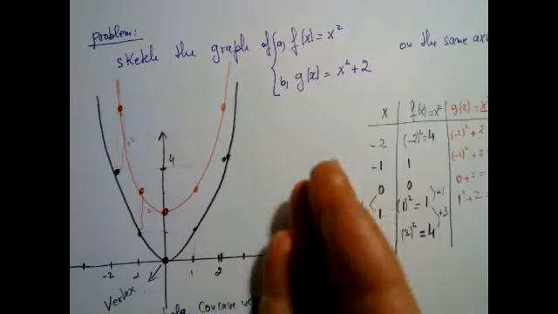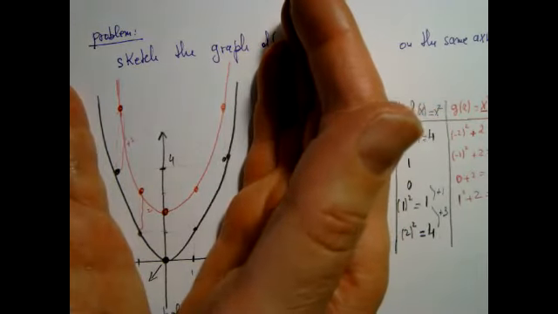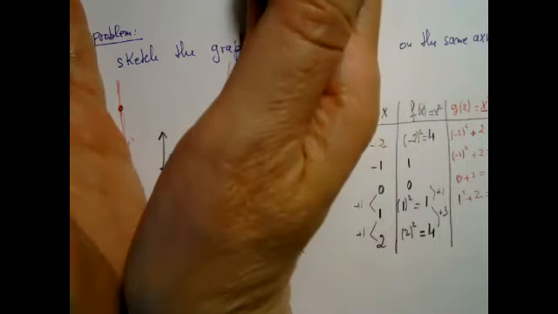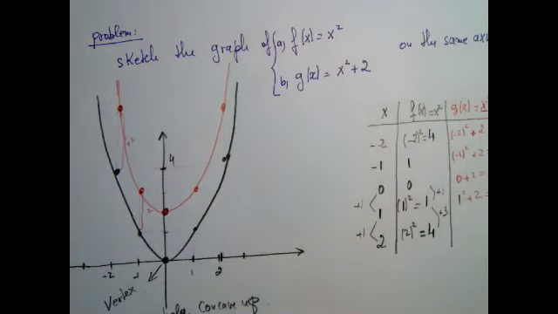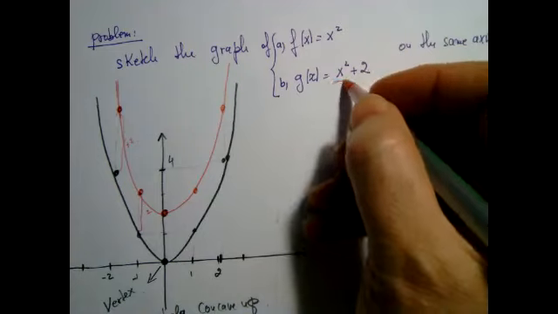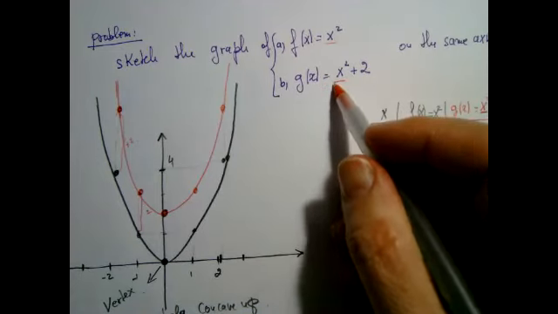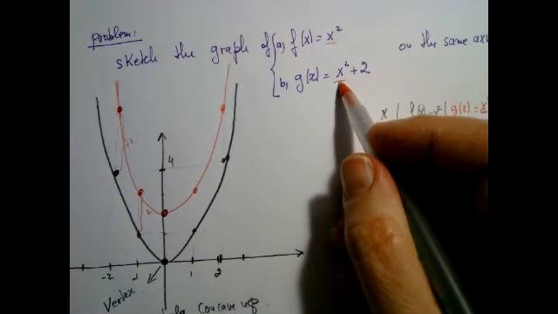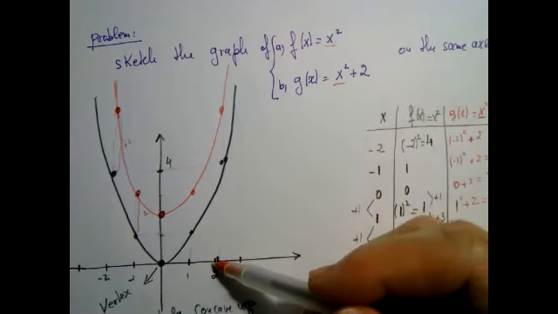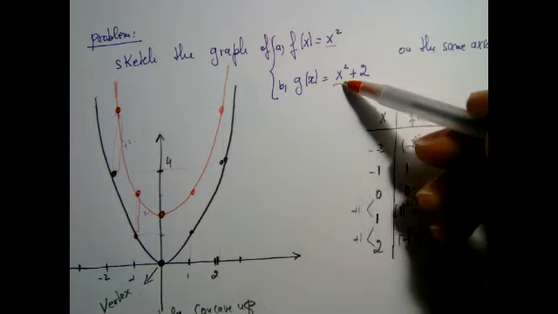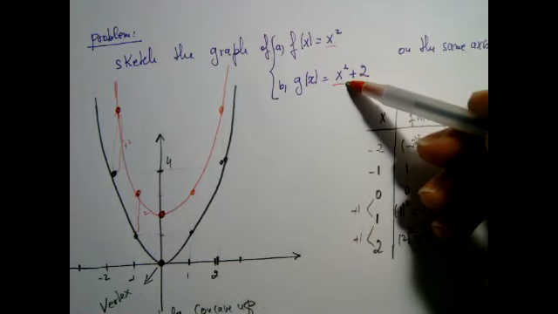So basically, you take the graph of f, the way it is, and shift it up by 2 units. That's really what you're doing. Because this piece is the same, that's f of x, you're adding 2 to the output every time. So whatever f takes at x, g adds 2 to the output.